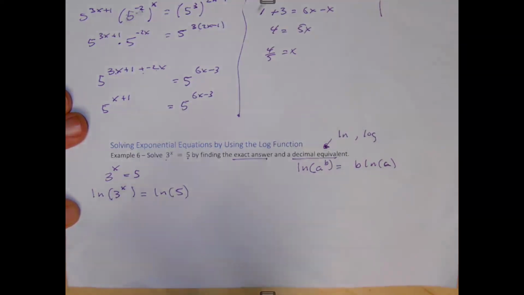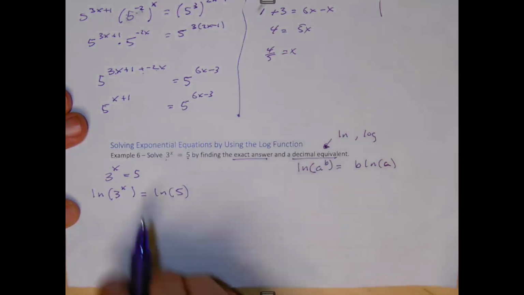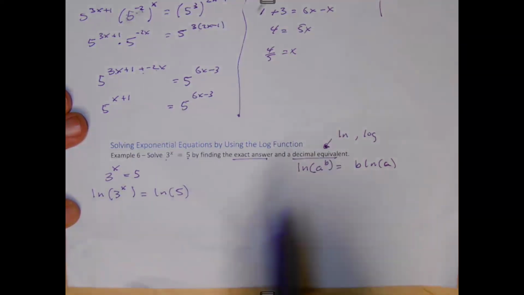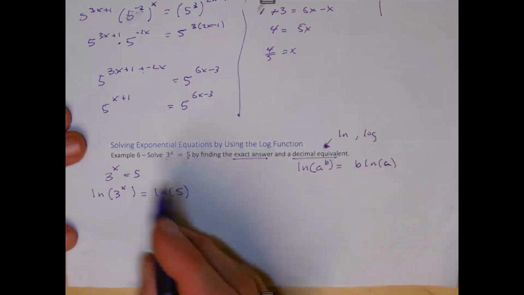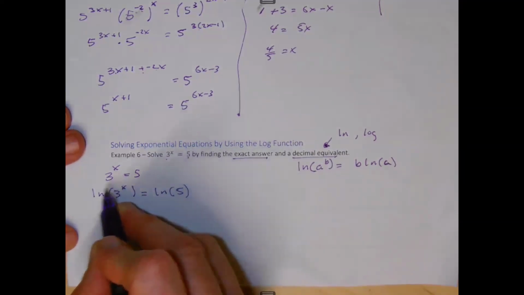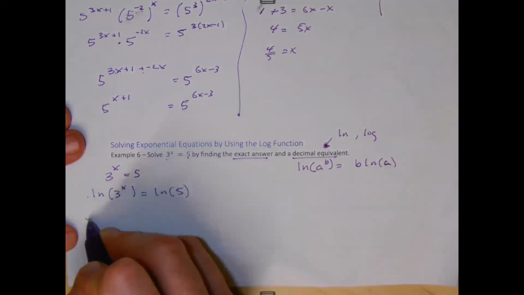Depending on the calculator, you might have other bases available to you, but these two are the prominent ones. So since it doesn't really matter which one I use, it's going to come out exactly the same, I might as well just take the natural log of both sides, and then apply the power rule and bring this variable down.